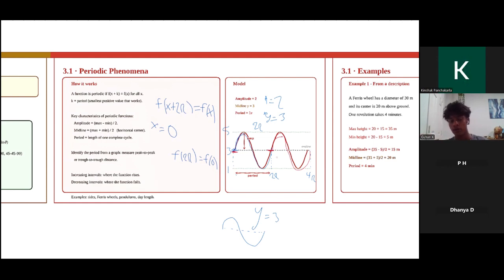So any point when you increase it by intervals of the periods, for example, let's say we have x equals pi over 2, which is this point right here. When we increase by 2 pi, 4 pi, 8 pi, or like 30 pi, as long as it's a multiple of 2 pi, it's going to be the exact same y value.